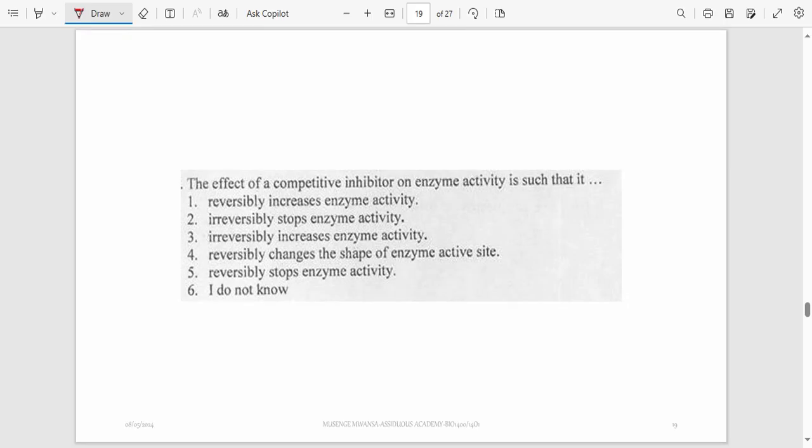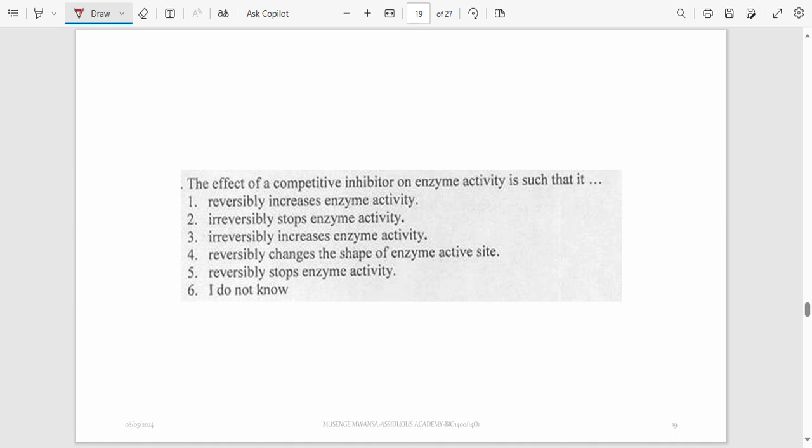The effect of a competitive inhibitor on enzyme activity is that it: reversibly increases enzyme activity, irreversibly stops enzyme activity, irreversibly increases enzyme activity, reversibly changes the shape of the enzyme active site, reversibly stops enzyme activity.